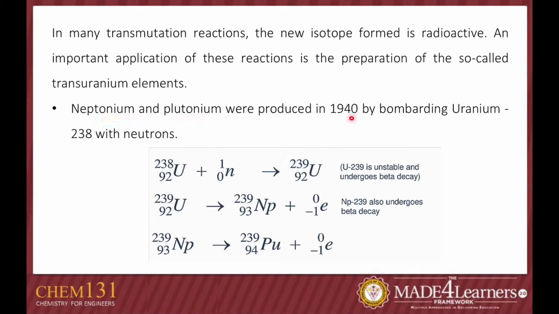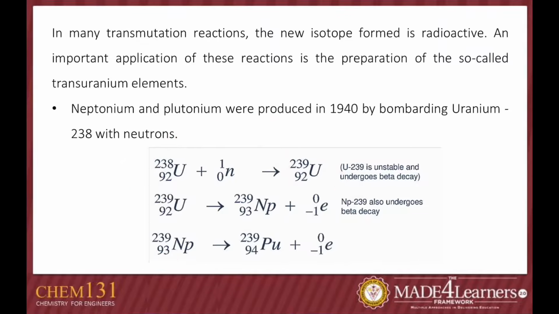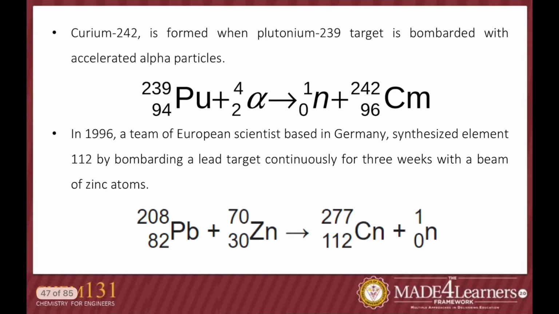They were produced in 1940 by bombarding uranium-238 with neutrons. Okay? So this is the process of producing neptunium and plutonium, in several steps. Curium-242 is formed when a plutonium-239 target is bombarded with accelerated alpha particles. As you can see, there is also a neutron produced in the process.